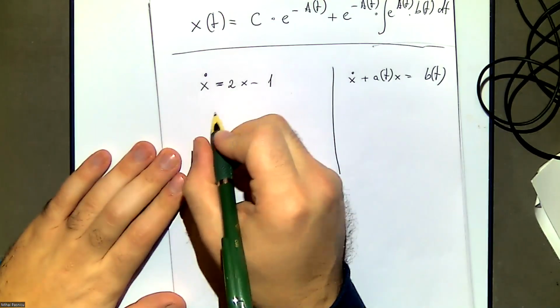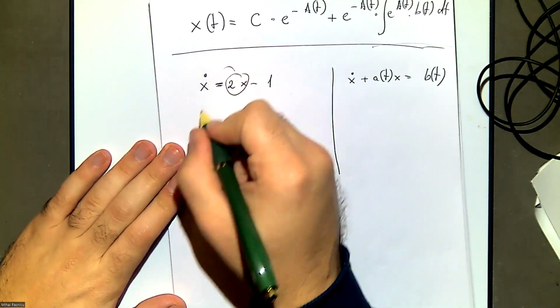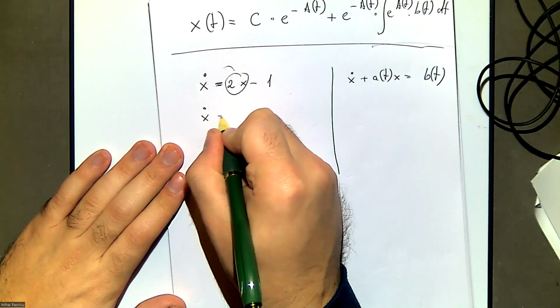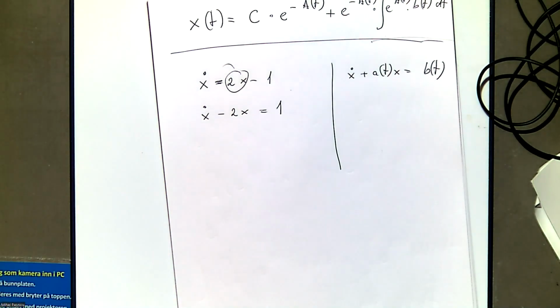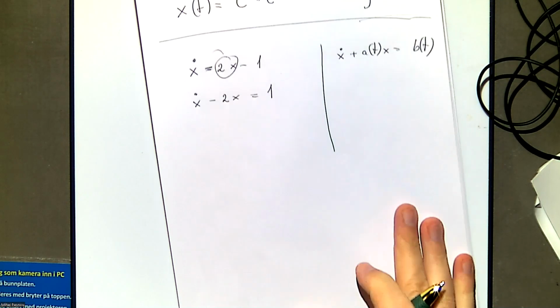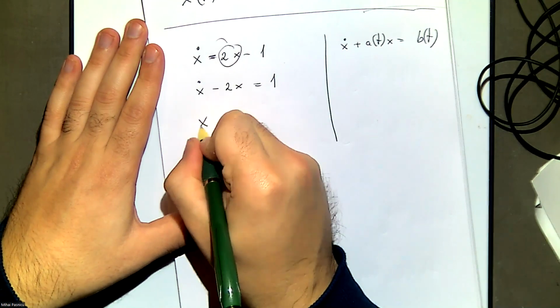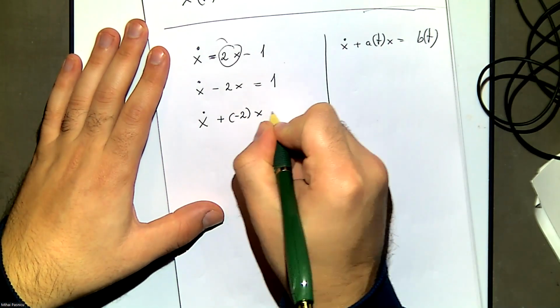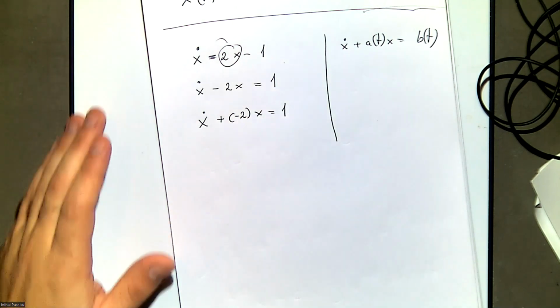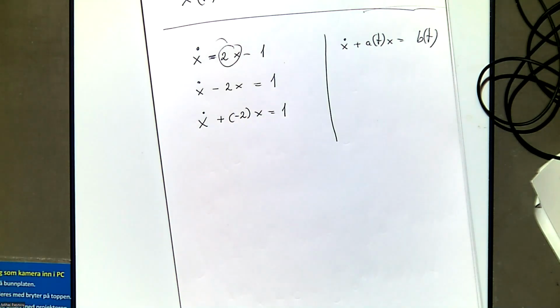What am I going to do? I'm going to move 2x to the other side, and I get x dot minus 2x is equal to 1. Almost exactly the same, but I said that we need exactly the same, so plus minus 2x is equal to 1. Okay, now it looks exactly the same.